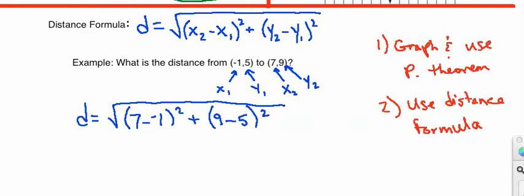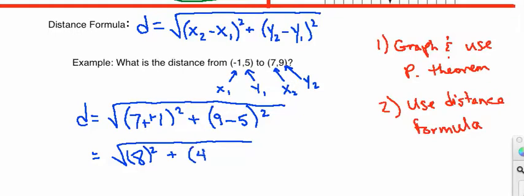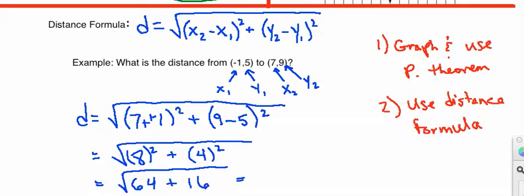They still go in even though we're subtracting. 7 minus negative 1, subtract a negative is like adding, so that's 8 squared, plus, and then 9 minus 5 is 4 squared. So we'll have 64 plus 16, which gives us the square root of 80.